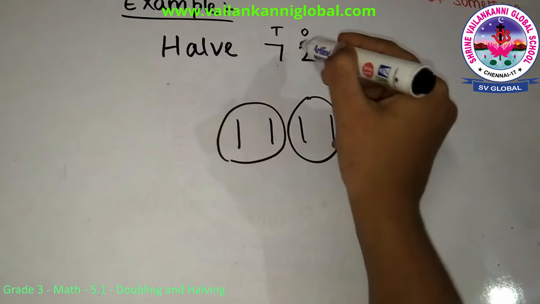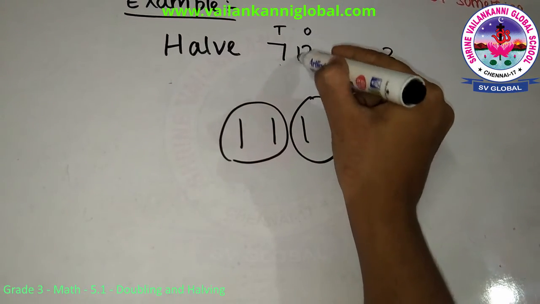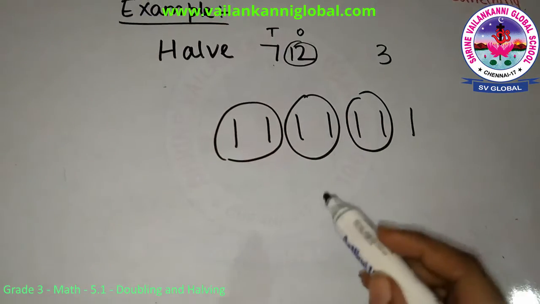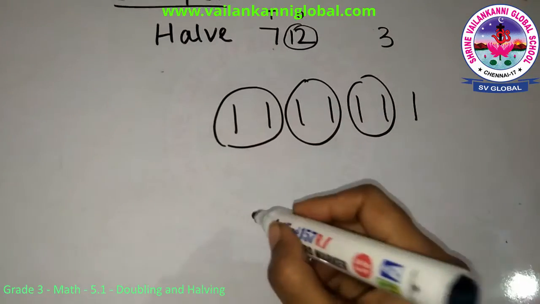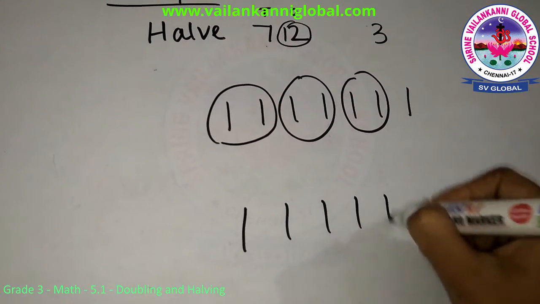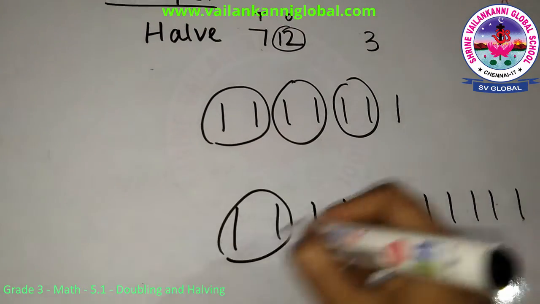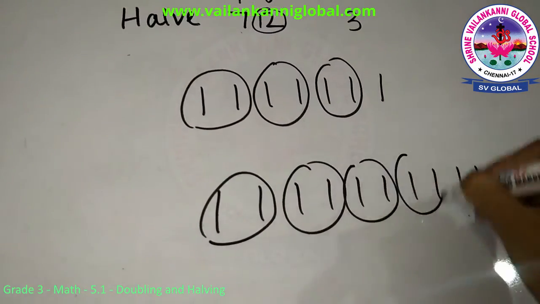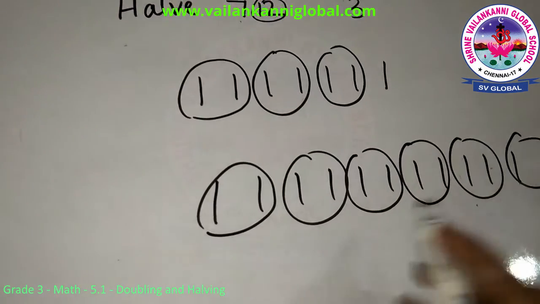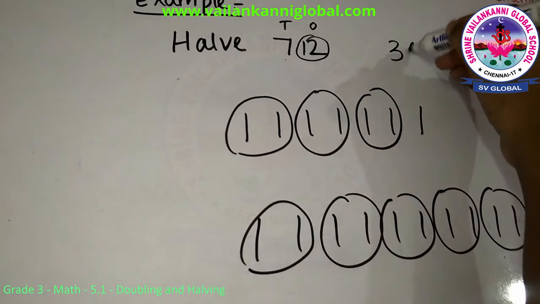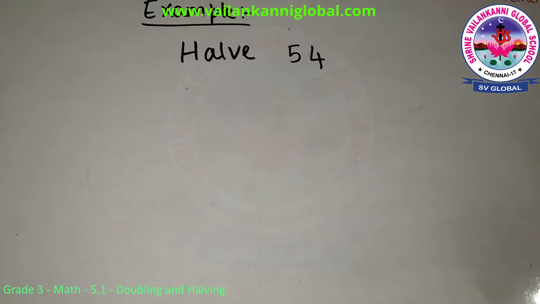Move this 1 to the ones place so that it becomes 12 now. Now find half of 12: 1, 2, 3, 4, 5, 6, 7, 8, 9, 10, 11, 12. Half is 6. So the answer is 36.